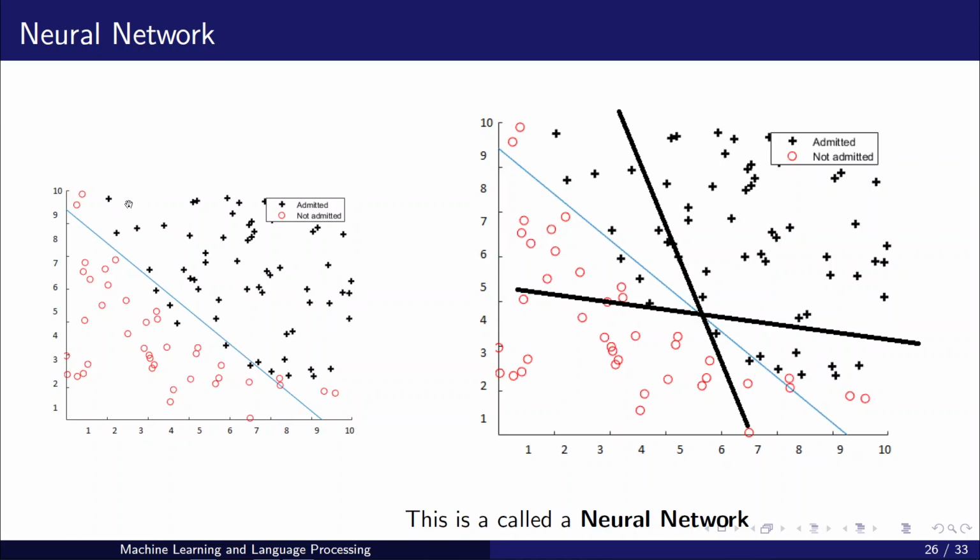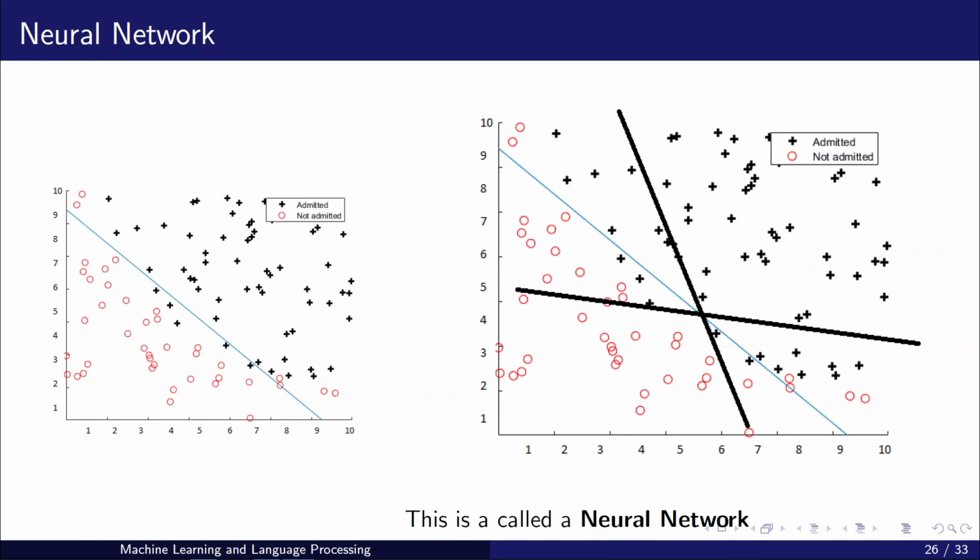Or a simple method is by using multiple lines. Instead of a single line, multiple lines. For example, instead of this line, you use a line like this and a line like this, and whatever data here only will be accepted. So the data points here and the data points here, all the data points below the first line and the second line will be rejected.